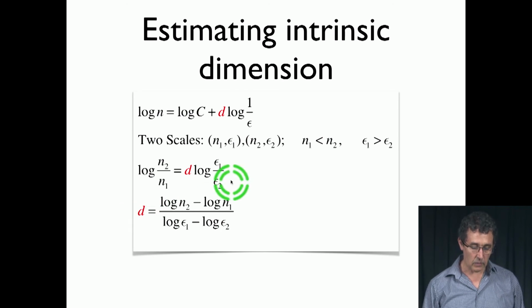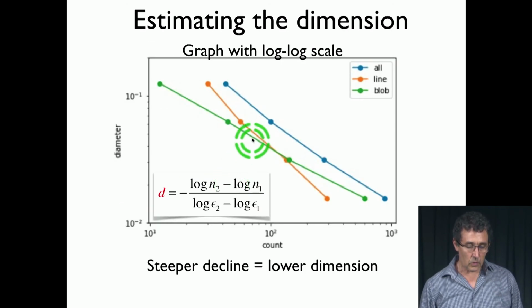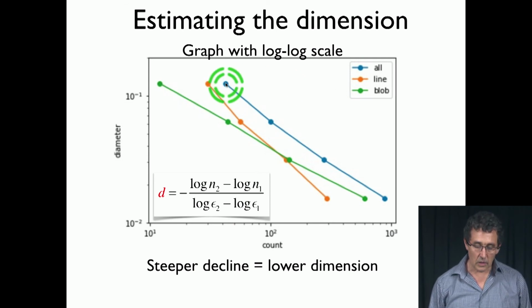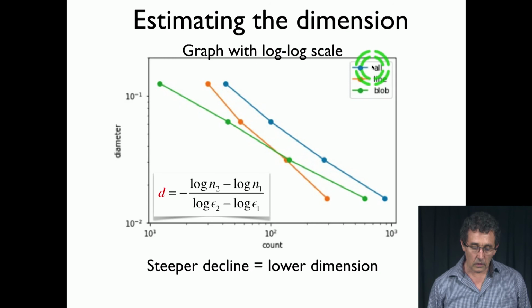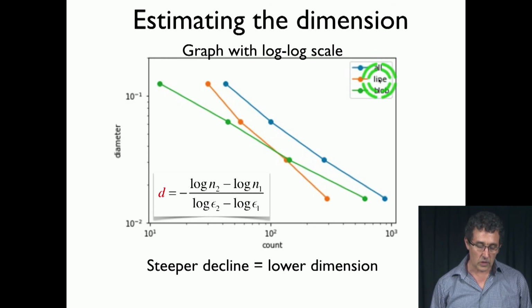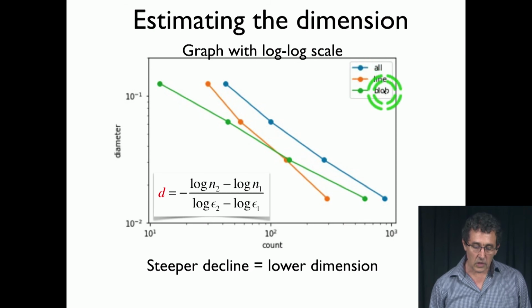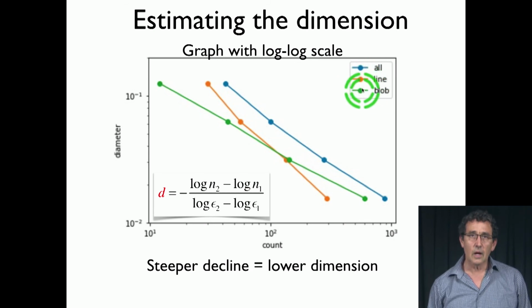So again, let's see how that works. Here we have the points that we measured, for all the squares that touch the data set. The ones that touch the line are orange, and the ones that touch the blob are green. We plot all of these points, and moreover, we plot them on a log-log scale, right?